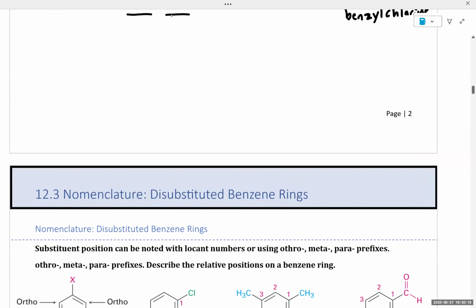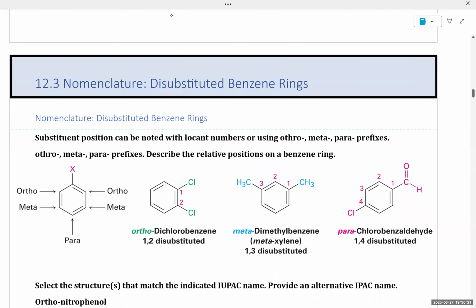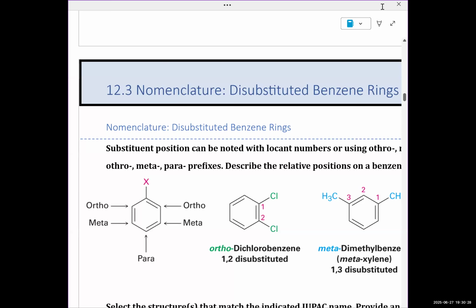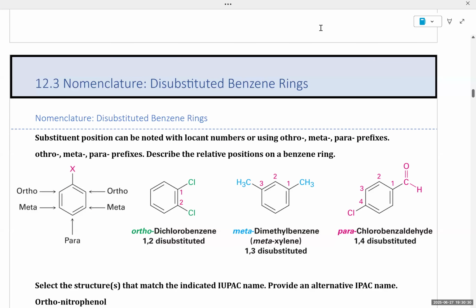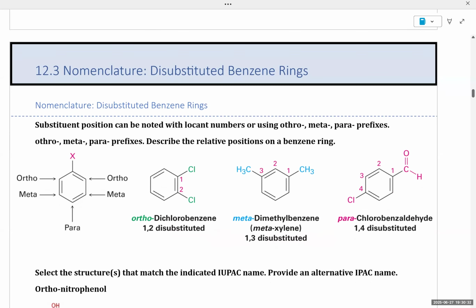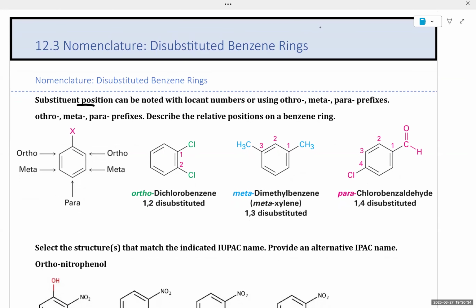Okay, let's keep going now, and let's talk about the nomenclature of disubstituted benzene rings. So when naming disubstituted benzene rings, the substituent position can be noted with locant numbers or using ortho, meta, para prefixes.